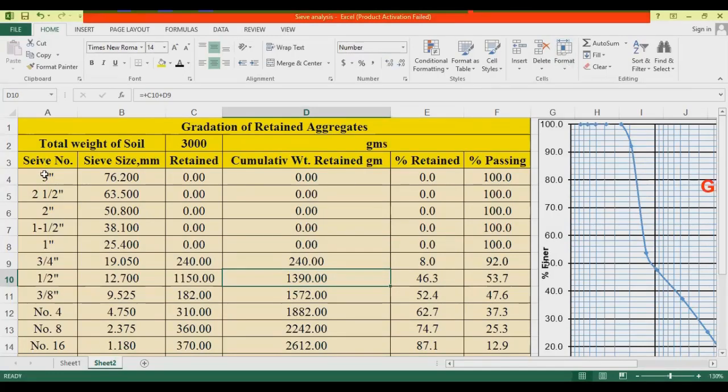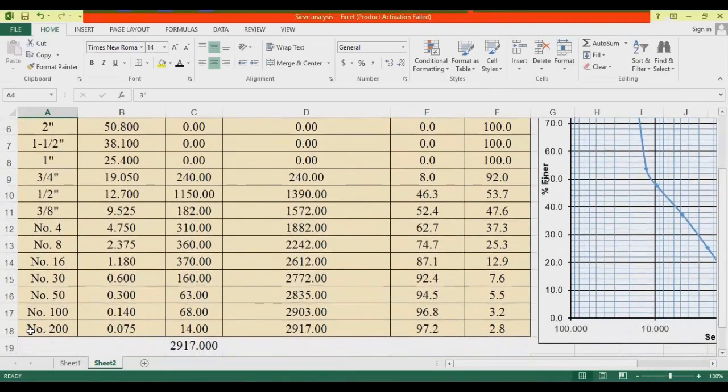In this, the sieve sizes are arranged in the same manner in which the sieve set was arranged for the experimental procedure. You can see over here, the first sieve is 3-inch sieve and the second sieve is 2.5-inch sieve. Similarly, at the bottom, we are having this sieve number 200.